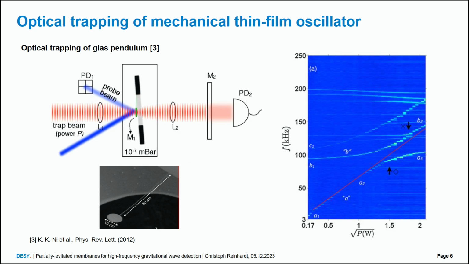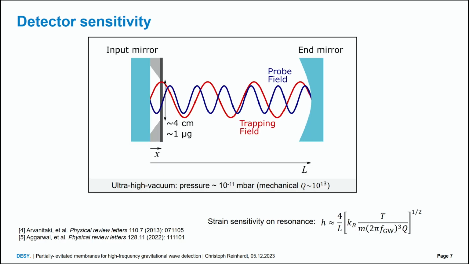And what they saw is that by applying a couple of watts of power, you can tune the resonance frequency from a few kilohertz up to almost 100 kilohertz. And then you start to be limited by mode mixing. So then you get to violin modes and so on of this pendulum. But anyway, you have a broad range of tuning here.